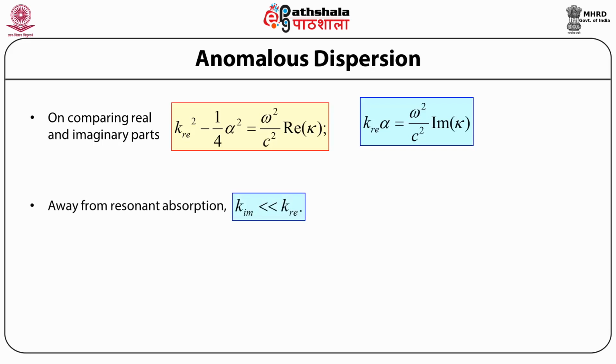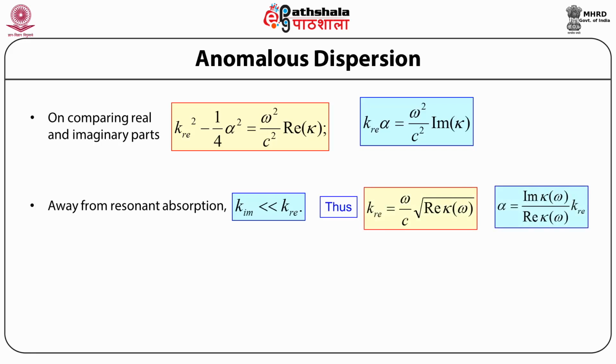So away from resonant absorption, K imaginary is far less than K real, and we can neglect the second term on the left hand side, and hence we get k real equals omega by c under root of real part of K omega, and alpha equals imaginary part of K omega divided by real part of K omega times k real part.